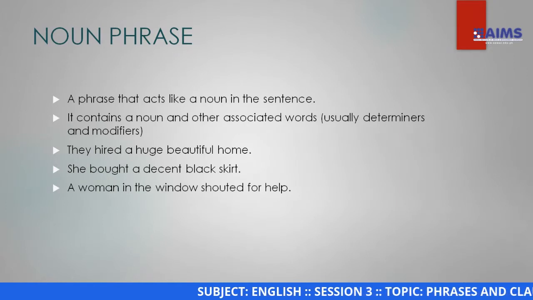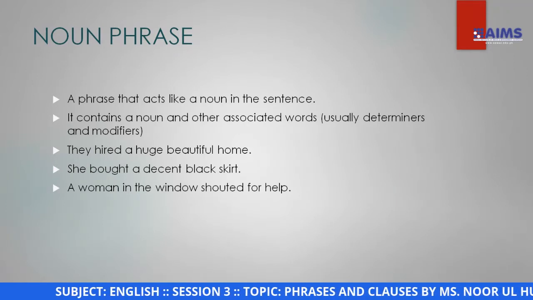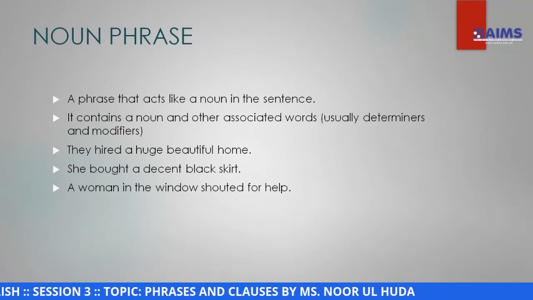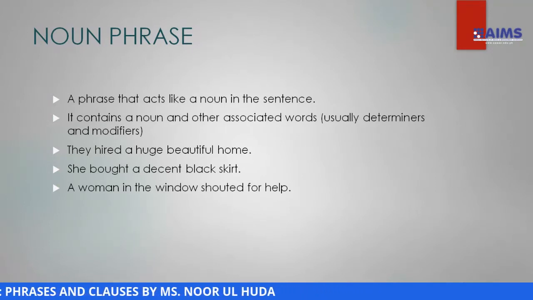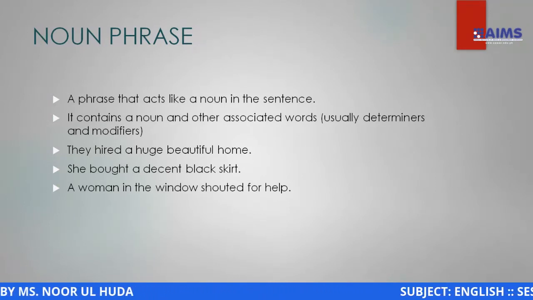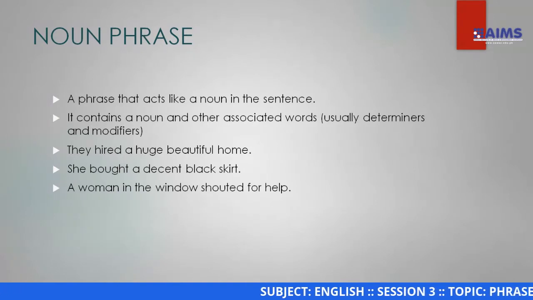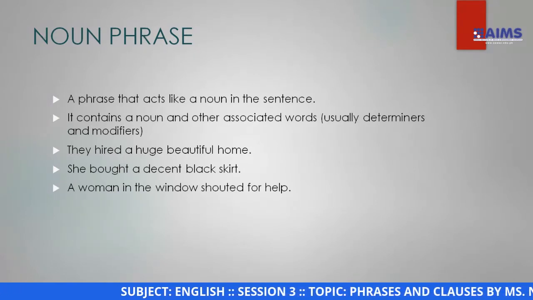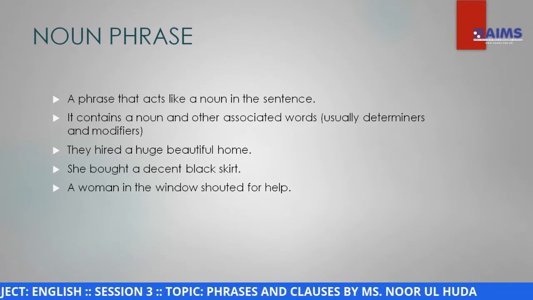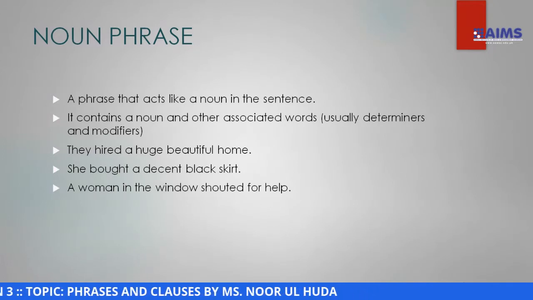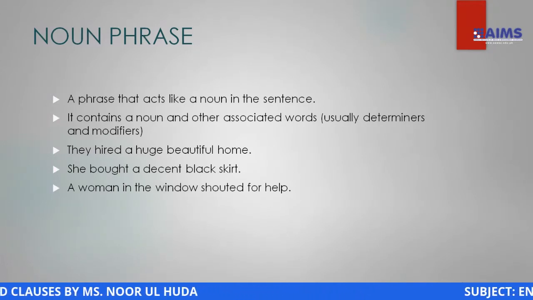If I say that they hired a home, the sentence remains very clear. But in some ways we are giving additional information to the sentence, that they hired a house, and the house is beautiful and huge as well.